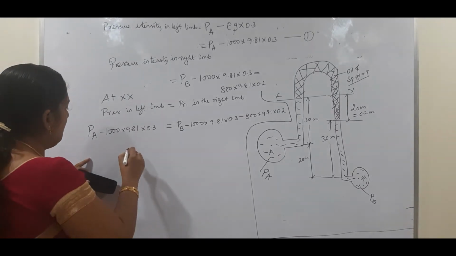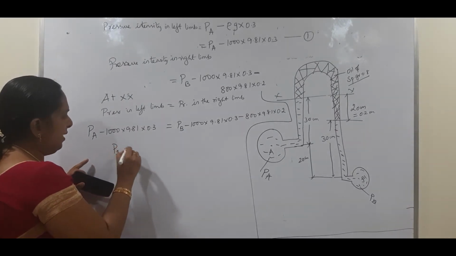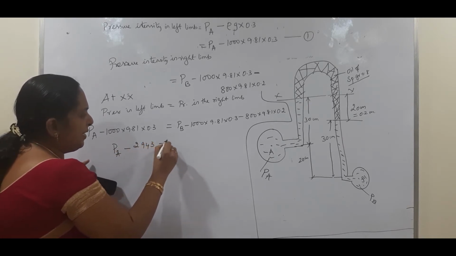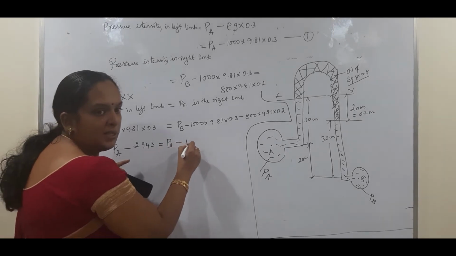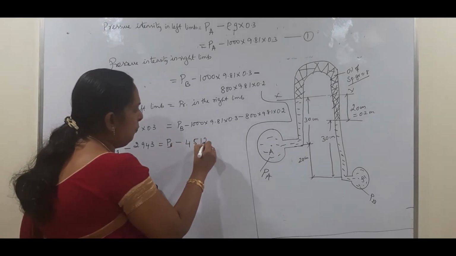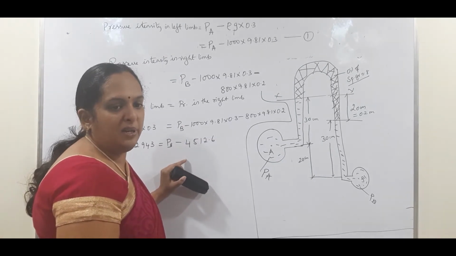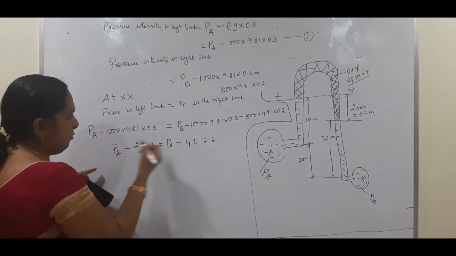Now solving this, PA minus, when you solve this you will get 2943, that is equal to PB minus 4512.6. Okay, now we have to find out the pressure difference. So I am bringing this to that side.